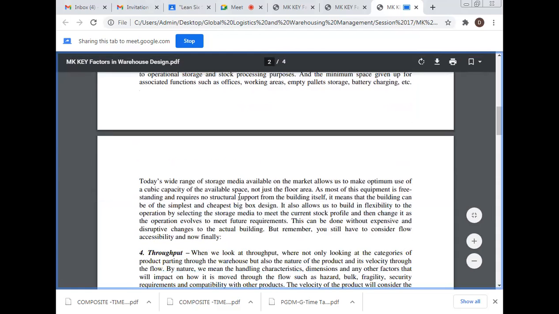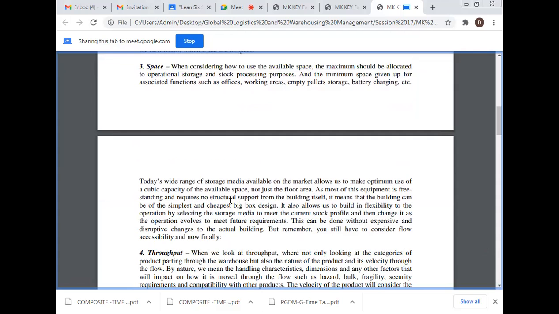Today's wide range of storage media available on the market allow us to make optimum use of the cube capacity of the available space, not just the floor area. As most of this equipment is freestanding and requires no structural support from the building itself, it means that the building can be of the simplest and cheapest big box design.